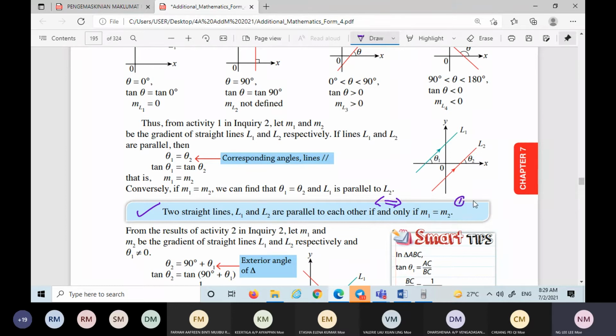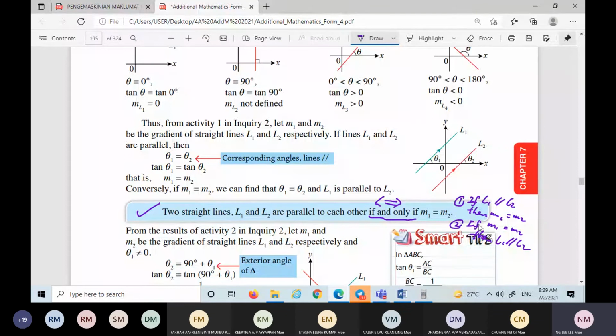Number one, if L1 is parallel to L2, then m1 is equal to m2. Number two, the other way around, if m1 is equal to m2, then L1 is parallel to L2.